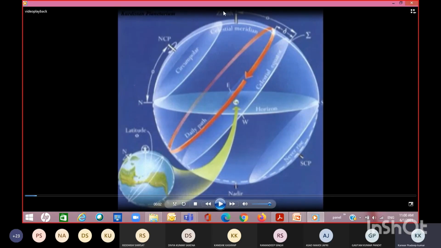It may be moving like this, altitude increasing, altitude decreasing, but it is not going below the horizon, which means it is not setting. It is going around the pole. This is the North Pole, NCP. It is going around the pole, that is why we call it a circumpolar body.